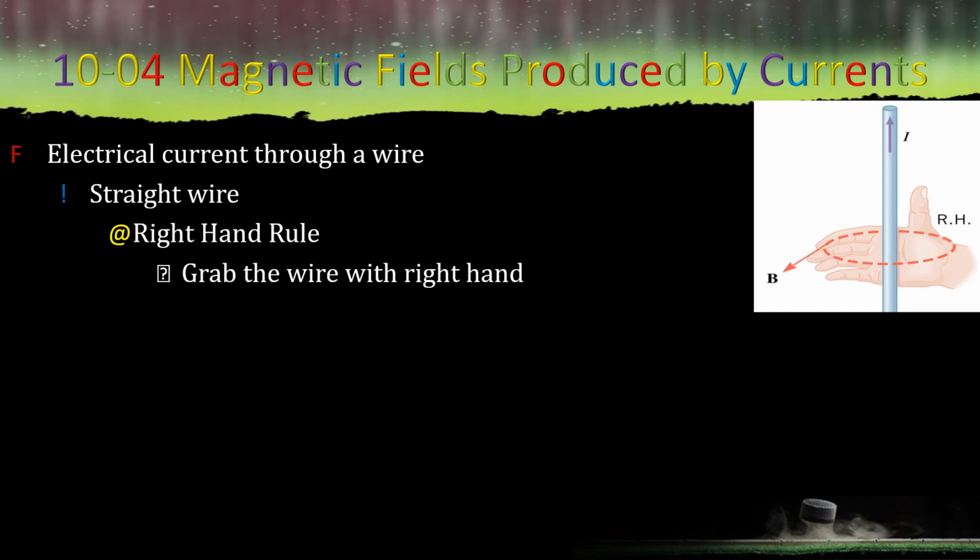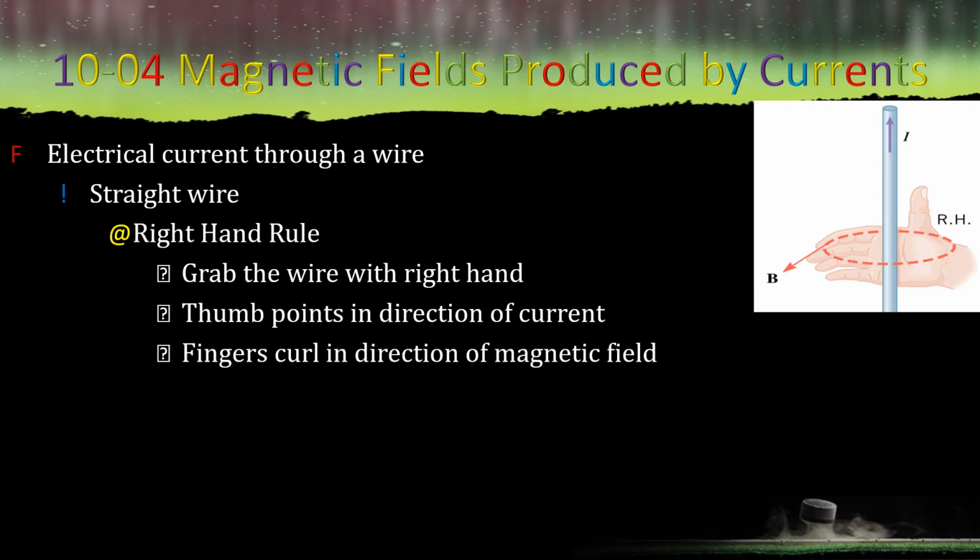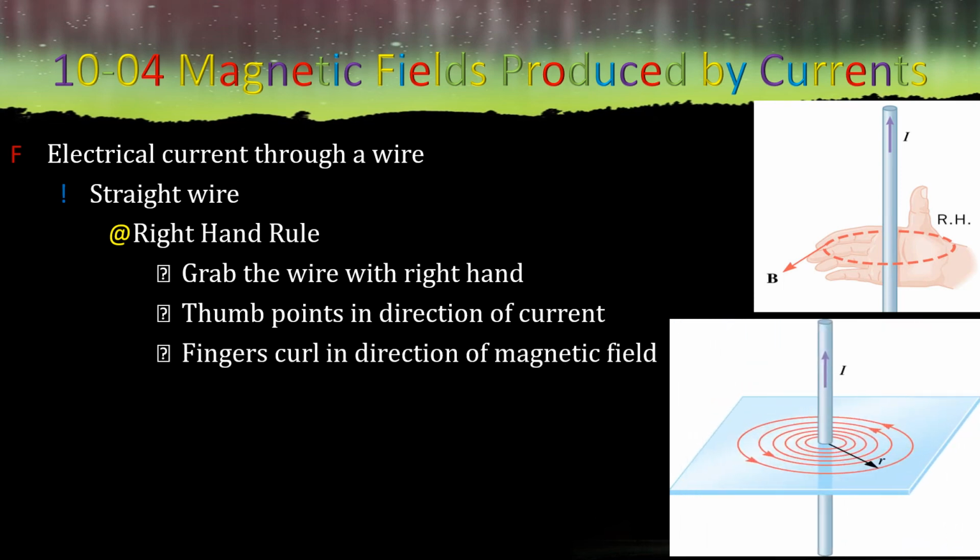Grab the wire with the right hand, thumb points in the direction of current, fingers curl in the direction of the magnetic field, like this. Then finally the magnetic field, its magnitude, is equal to mu naught I upon 2 pi r, as we had done in the previous slide.